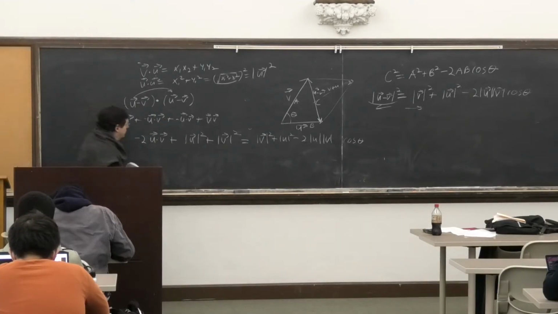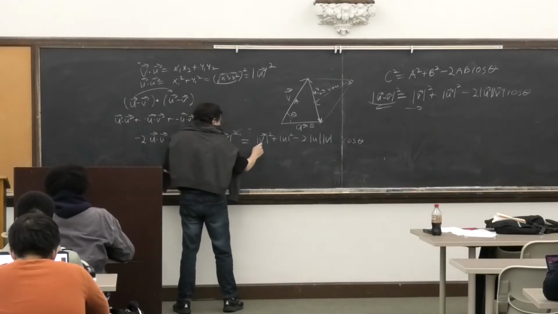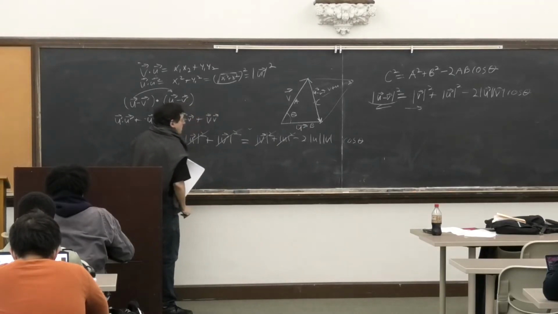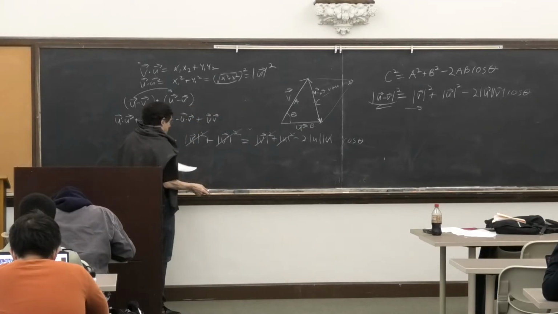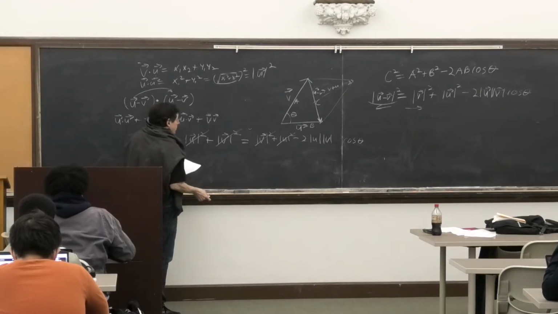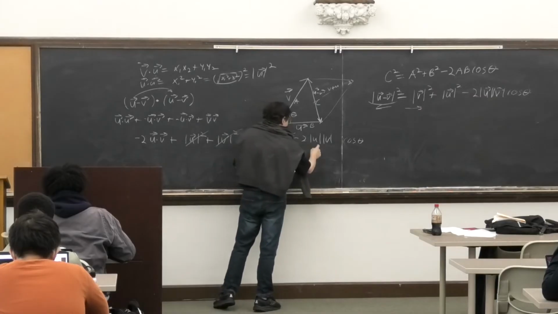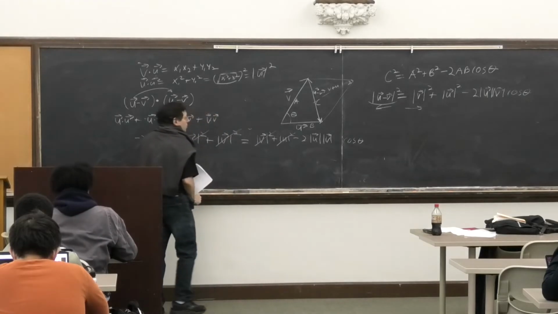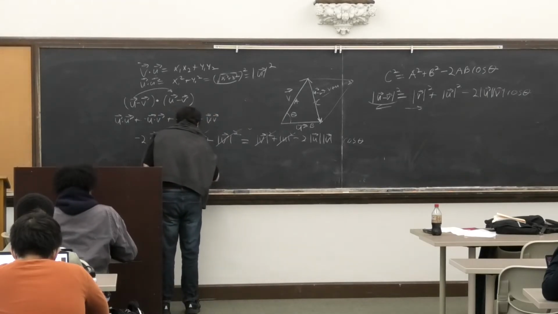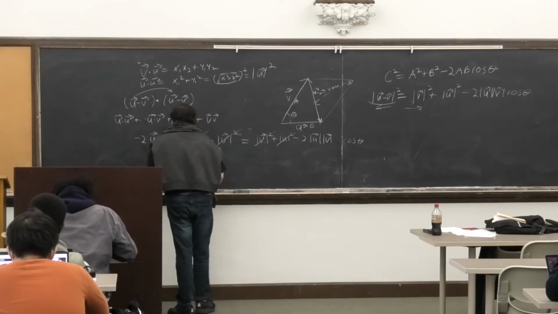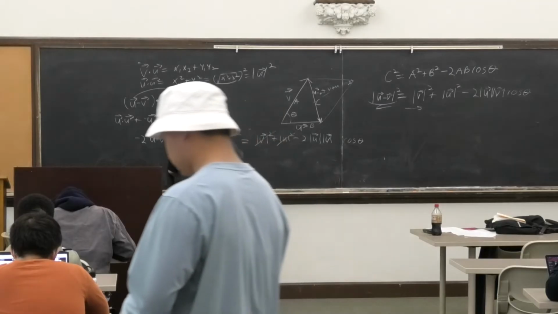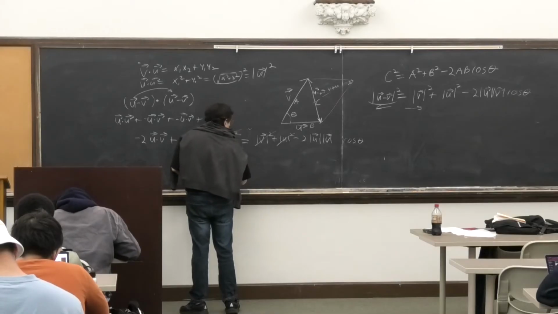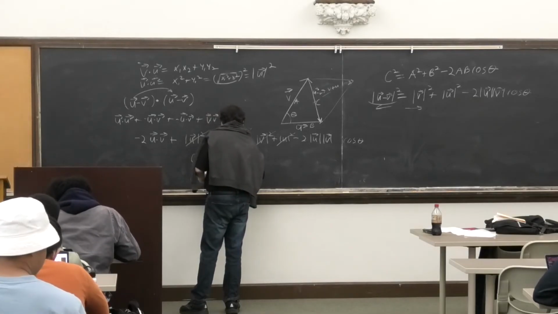So what do we do now? You see we've got the norm of v on both sides, norm of u on both sides. Now we can divide. I guess we're going to divide by minus 2 times the norm of u, norm of v. So that's going to give us the cosine theta is equal to u dot v over norm of u, norm of v.